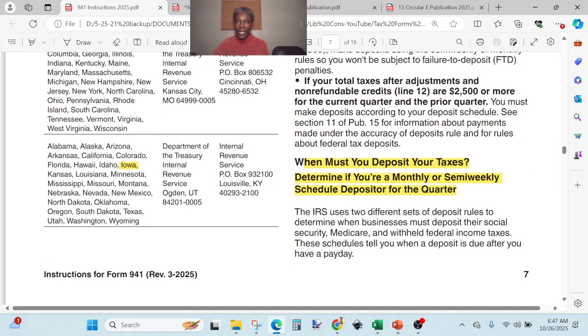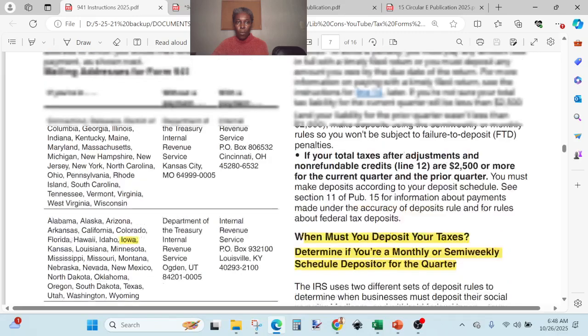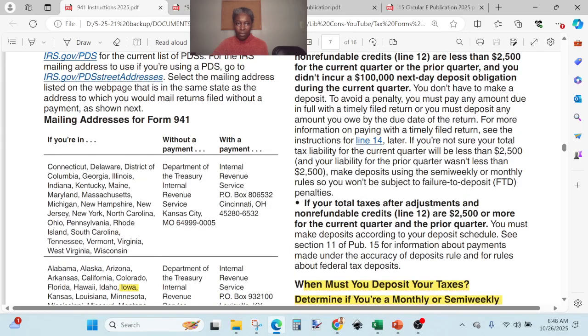For instance, we are in Iowa. We locate Iowa on row 2, and the address on that row is where the form will be mailed to. If you live in any state on row 2, you'll be mailing your form to the address on that row without a payment.